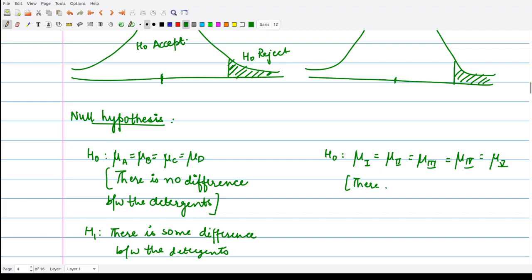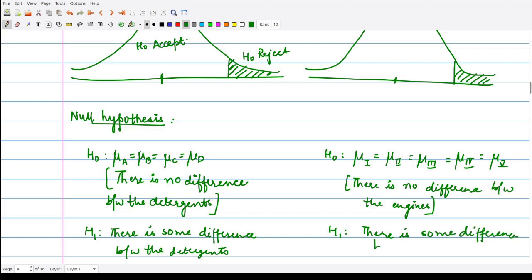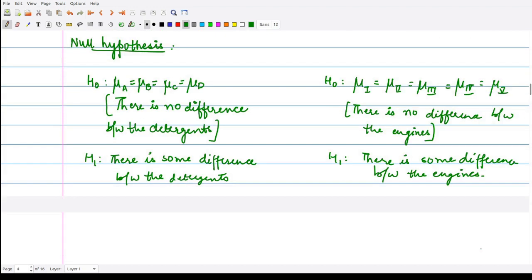So we will say there is no difference between the engines, and H1 would be there is some difference between the engines. Now according to the values of F calculated and F tabulated, we will make the decision, right?